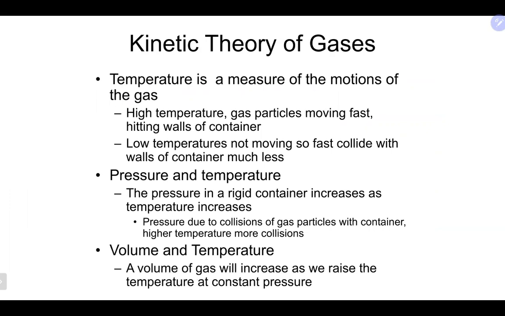As I just mentioned, higher temperatures, faster moving gas molecules going to hit the container a lot more often, and definitely in a sort of Gay-Lussac situation where the volume is fixed, we will definitely see the pressure increase, and vice versa. If you lower the temperature, we have less collisions with the container and the pressure comes down.